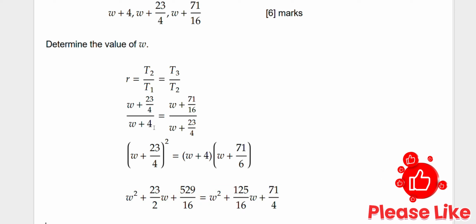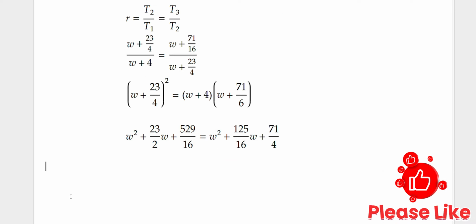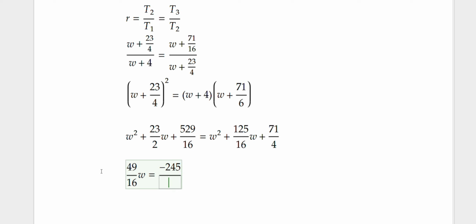And we're going to group like terms now, whereby the W squareds will cancel and will remain 49 over 16W being equal to negative 245 over 16.